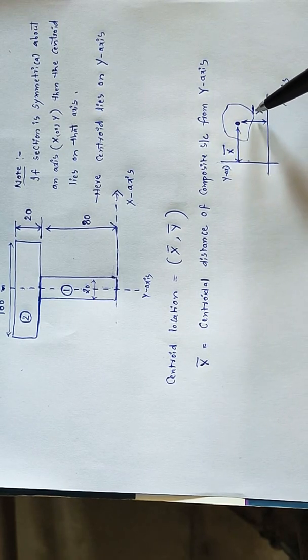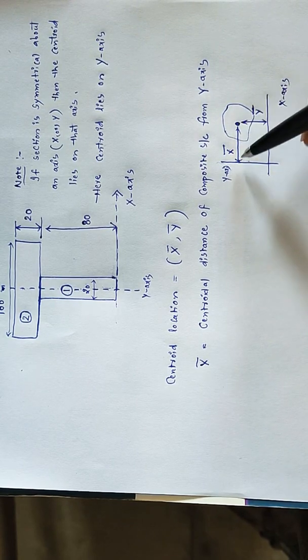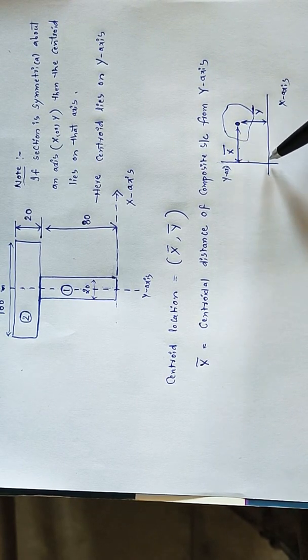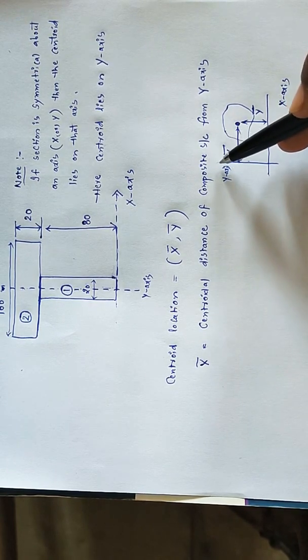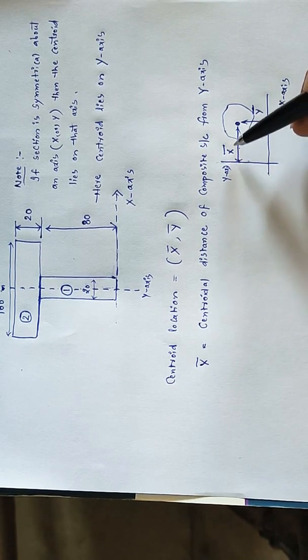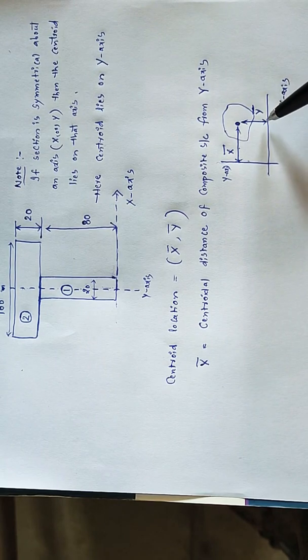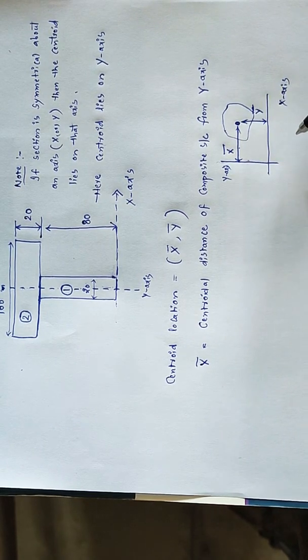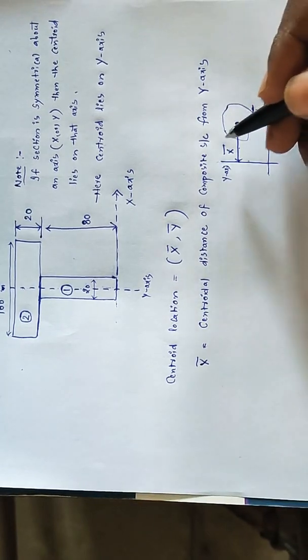That's why we give the name y bar. Here the centroidal distance in the direction of the x-axis is x bar, measured with respect to the y-axis. From the y-axis the values are x bar, and with respect to the x-axis, it is y bar. So x bar is the centroidal distance of the composite section from the y-axis.